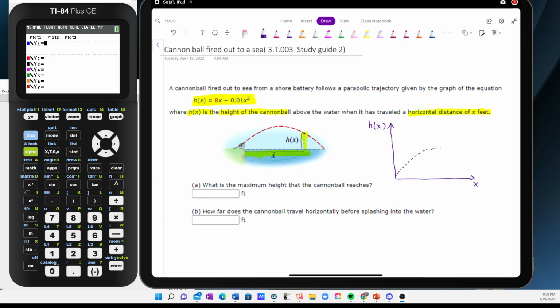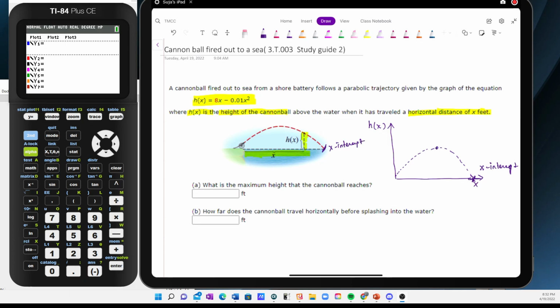So it's going to come up and eventually it's going to hit the ground, right? Now, in mathematical terms, this point can be called the x-intercept of the graph. Same thing here, where it hits the water, this is the x-intercept of the graph.